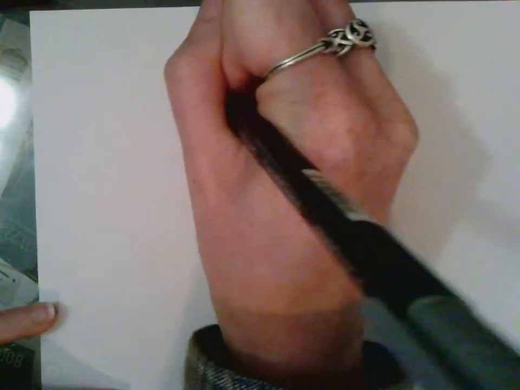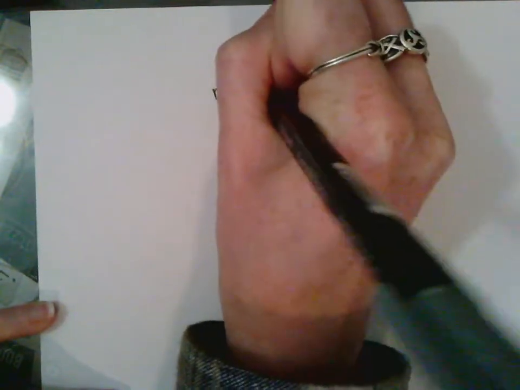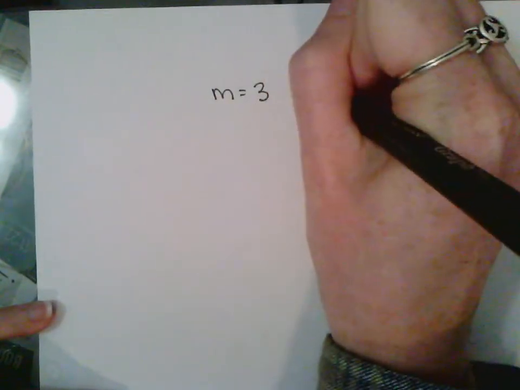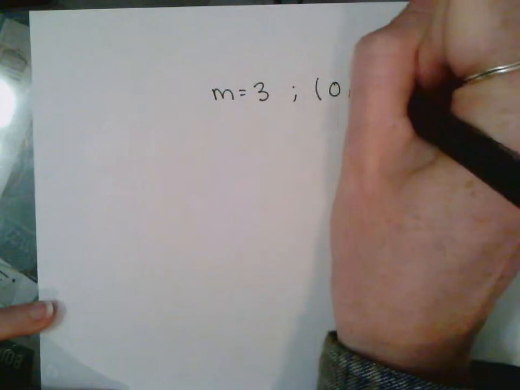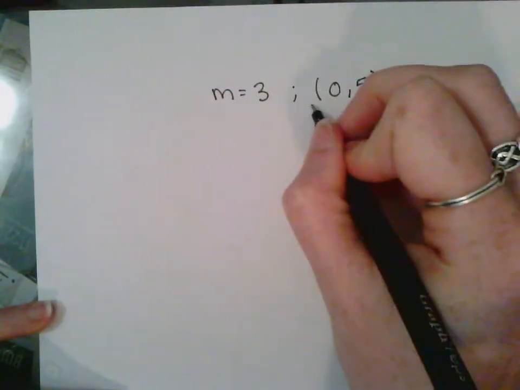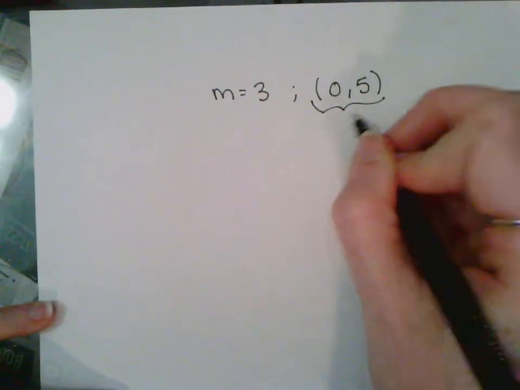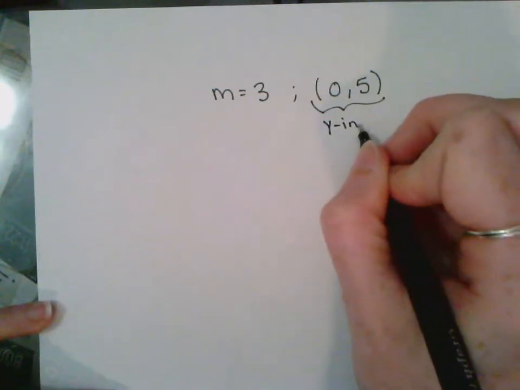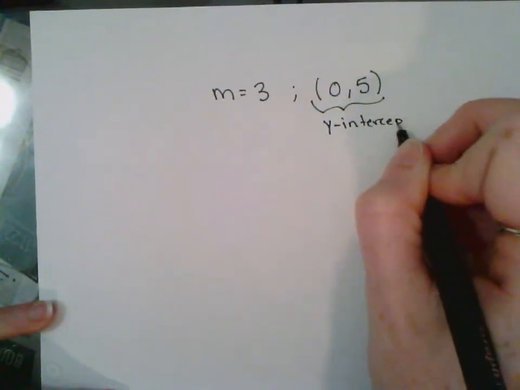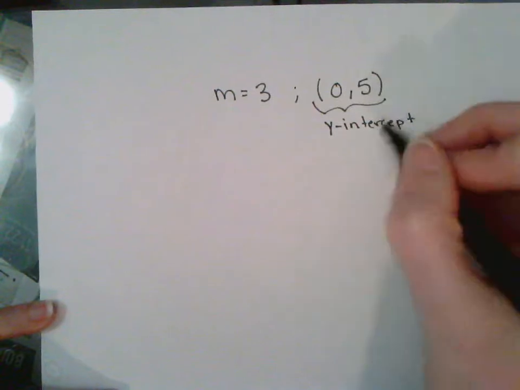So an example would be, say they told me, hey, you have a slope of 3, and you also have the point 0, 5. Well, when you see 0, 5, remember, that's telling you your y-intercept. Your y-intercept is when your graph has an x value of 0 and the number it goes through.